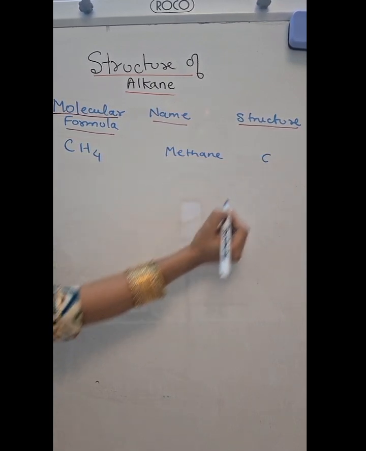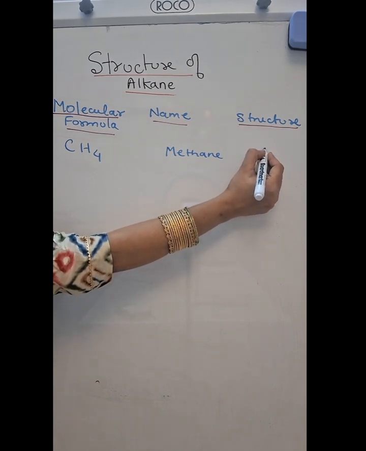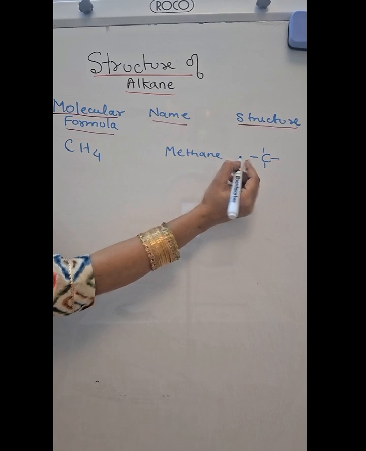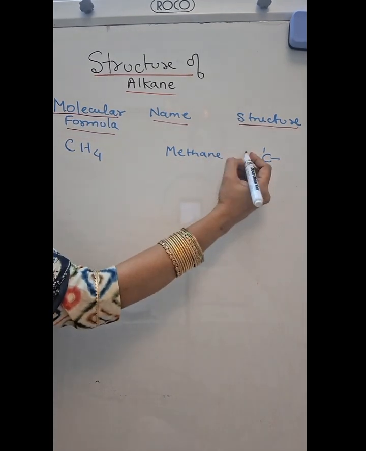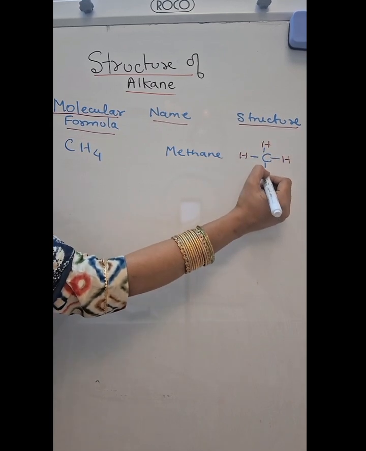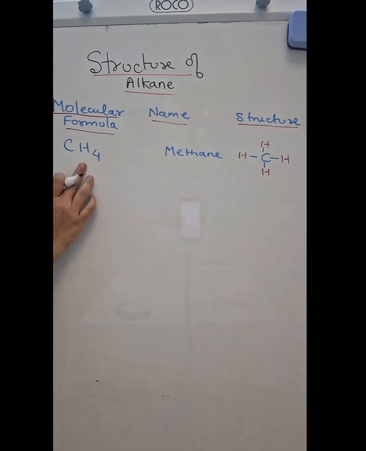One carbon, and as we all know that carbon has 4 valency, which we will represent with a line. Okay, and this is satisfied with hydrogen. So this is the structure of methane, and its molecular formula is CH4.